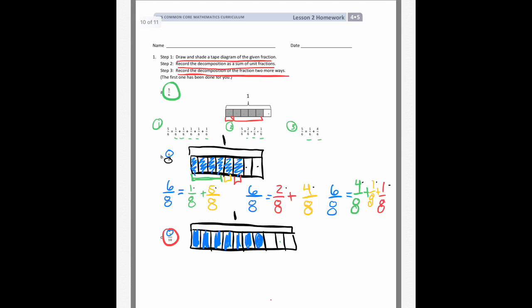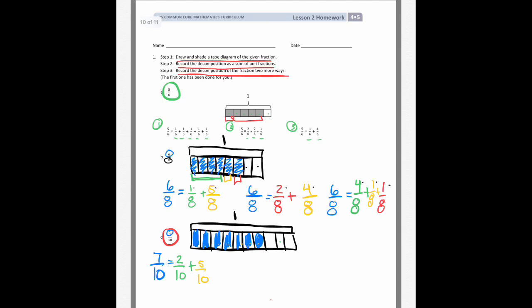Okay, now I can break that 7/10 up however I want, as long as it equals 7/10. So I'm going to say 7/10 equals, let's try 2/10, and the rest of that would be 5. So 2 plus 5 is 7, so 2/10 plus 5/10 equals 7/10.